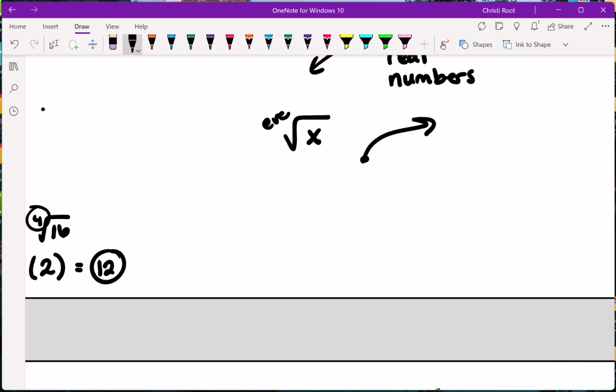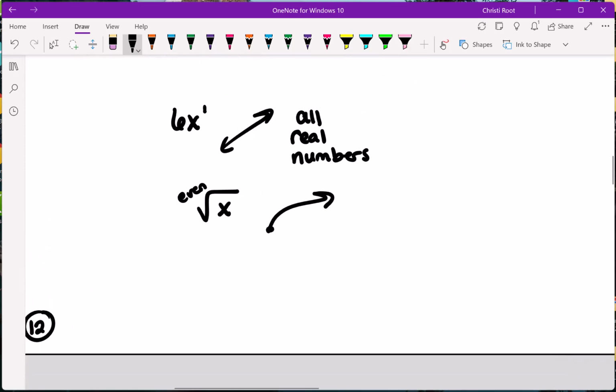Anything that has an even root will also look like that. So a square root looks like that, a 4th root, a 6th root, an 8th root, a 12th. It's even. So if you're taking an even root, what that means is that you're not allowed to plug in a negative number. So that's why it's limited. Now, if that was an odd number, like a cube root, it'd be different. It would have no limitations, but it's an even root.